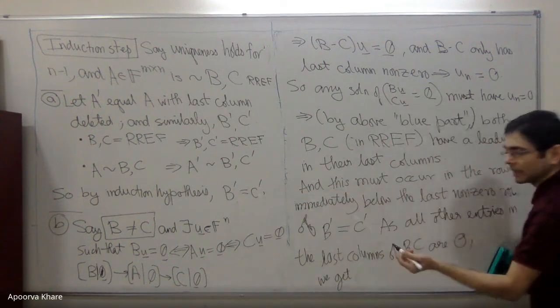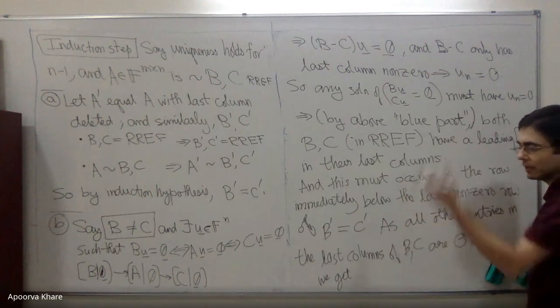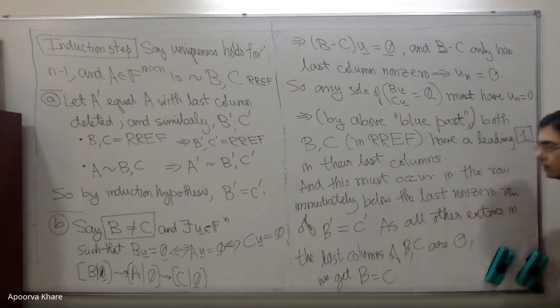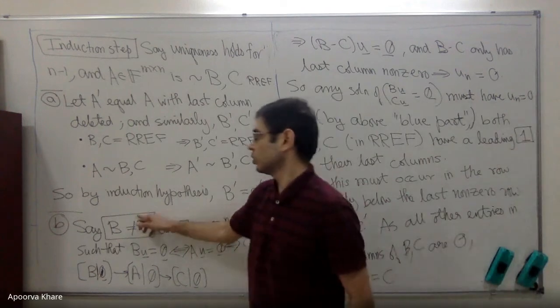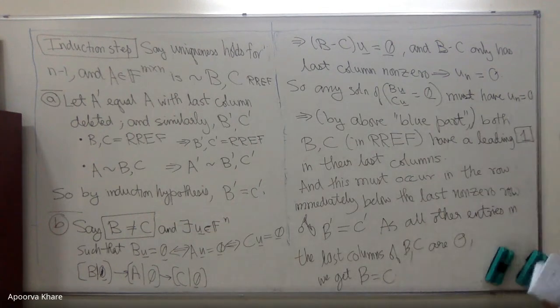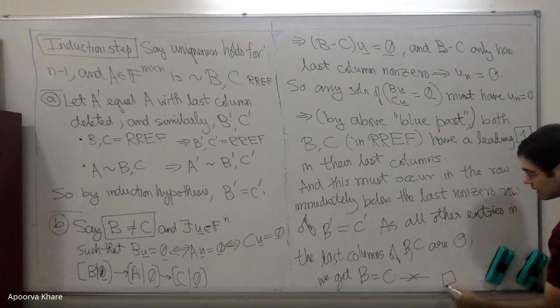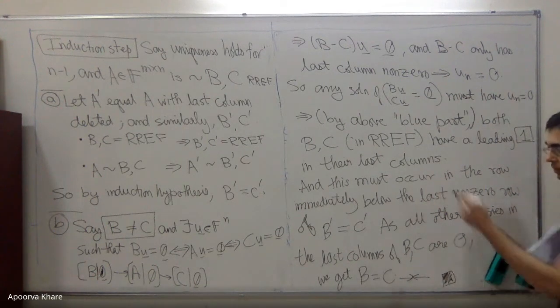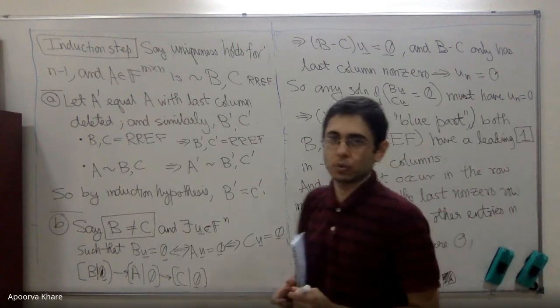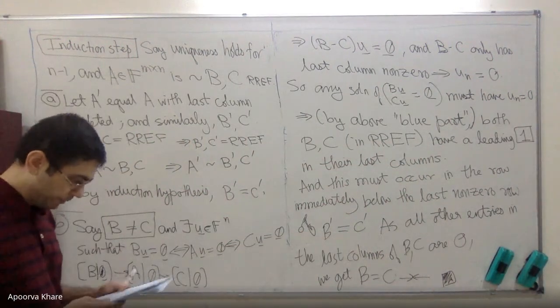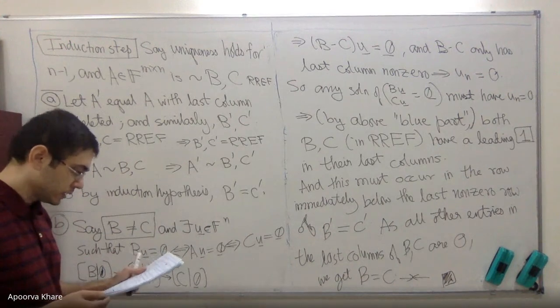Now the last column is identical. Same position leading 1, every other entry is 0. So every column is identical. So we started by assuming this doesn't hold, and we proved that it actually does. So this is a contradiction. This is a notation for contradiction, and that proves it. The assumption that B is not equal to C cannot be true, because even then we proved B equals C. Okay, so great. That's what it is.